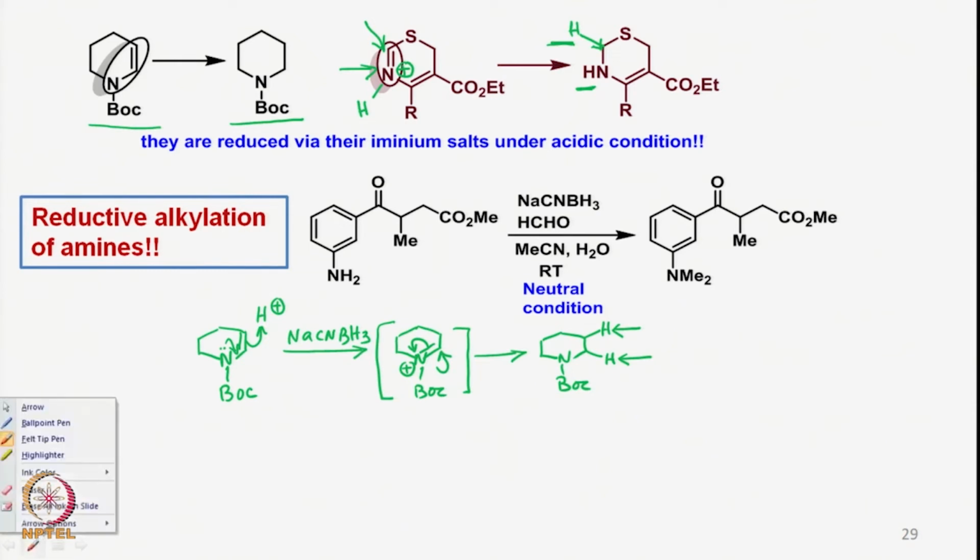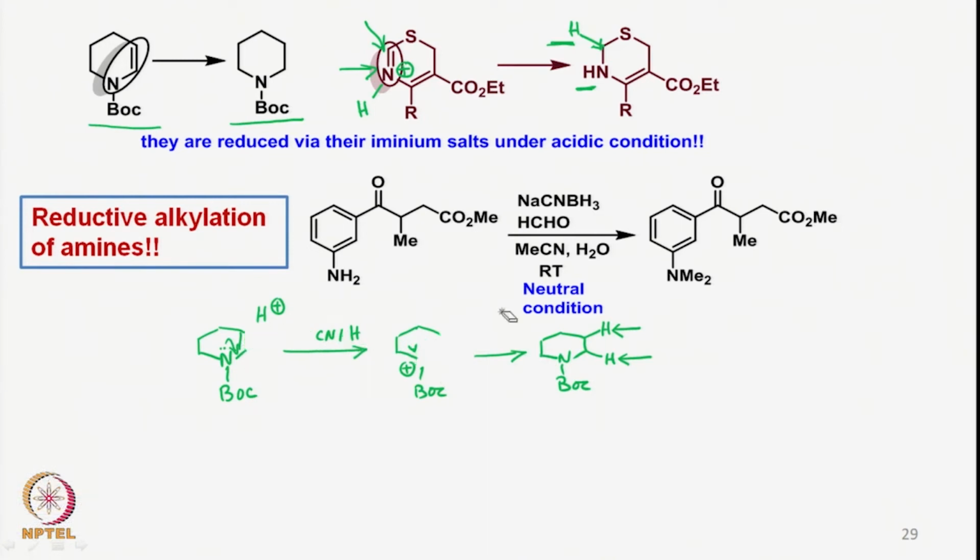If we now look at examples in which we have done the alkylation, that is very interesting. Now I would like to discuss in detail how this alkylation of amines takes place.